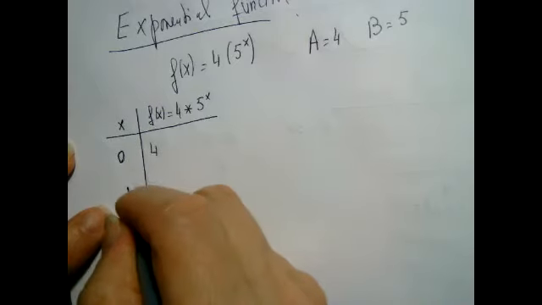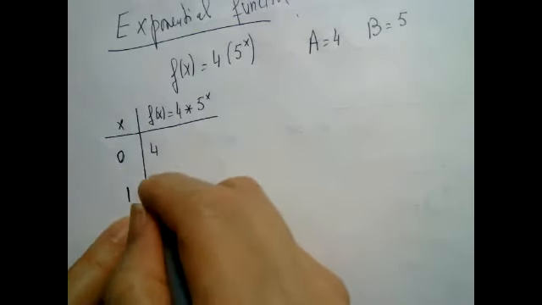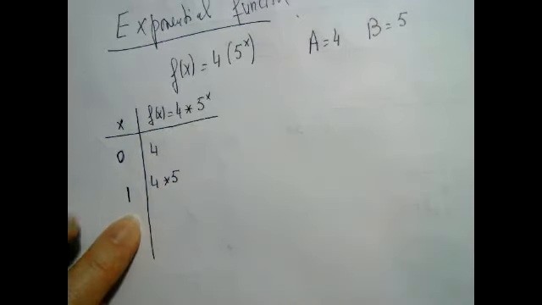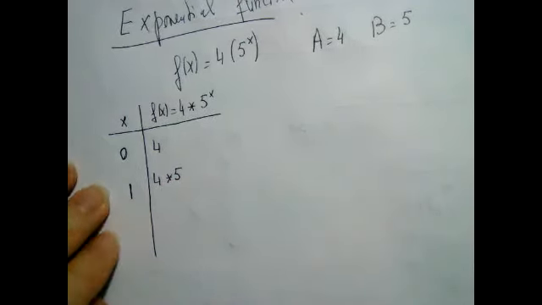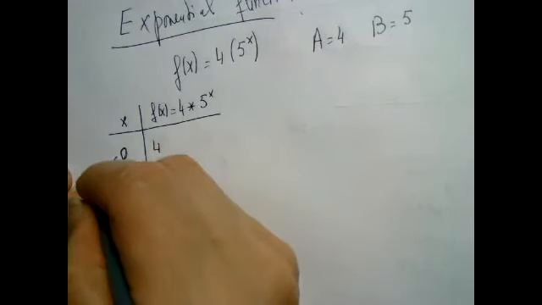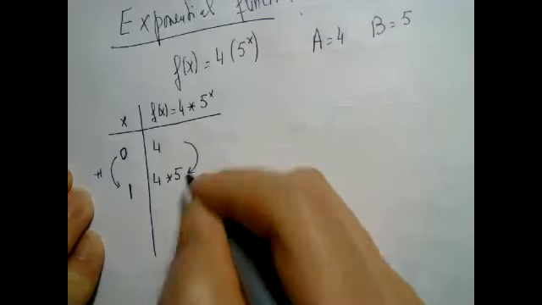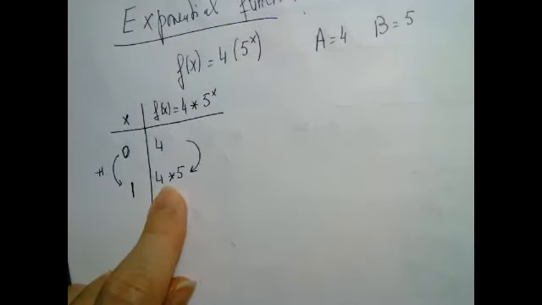At 1, what do I get? 4 multiplied by 5. So when x increases by 1, what happened to the output? I'm not going to substitute, because I know it's 20.